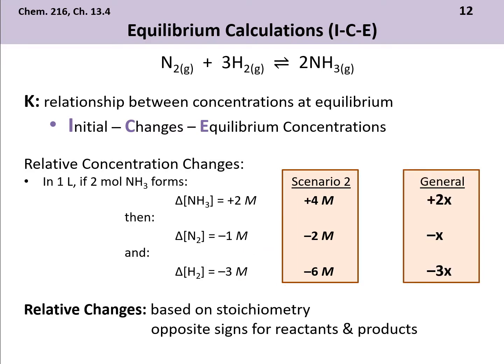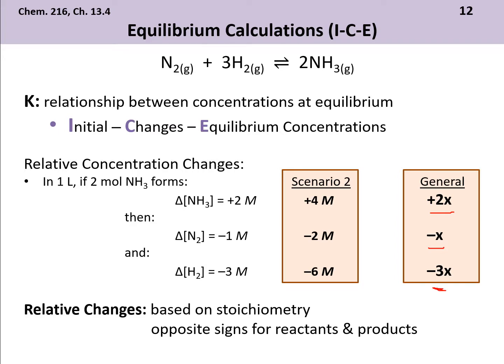And so I can generalize this and say, based on the stoichiometry, whatever X is, X can be any number, okay? If my NH3 is plus 2X, my N2 will be minus X, and my H2 would be minus 3X. I'm looking at that stoichiometry, right?